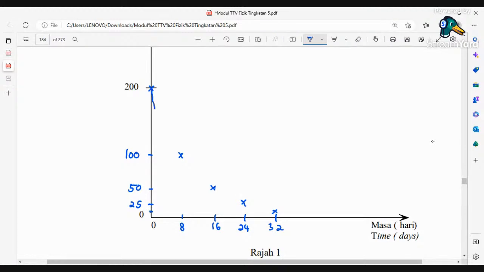So if you draw the graph, it will become like a curved line approaching x-axis but never cross x-axis. Okay, so we get this one, we call it decay curve.